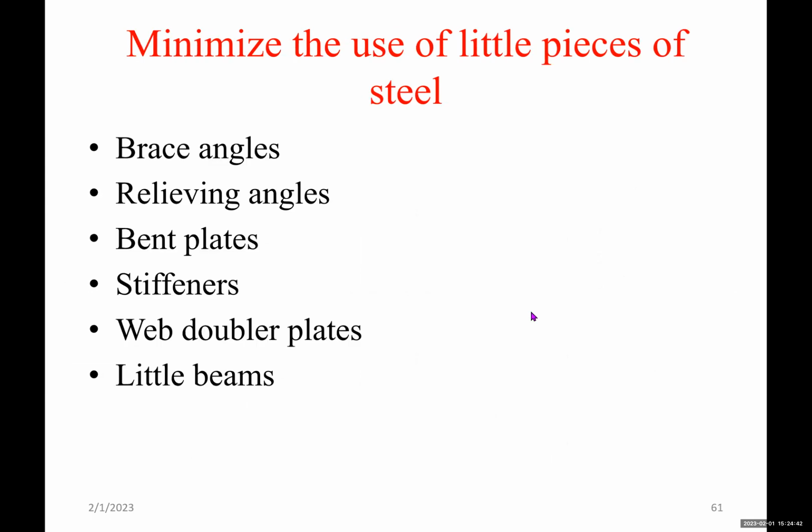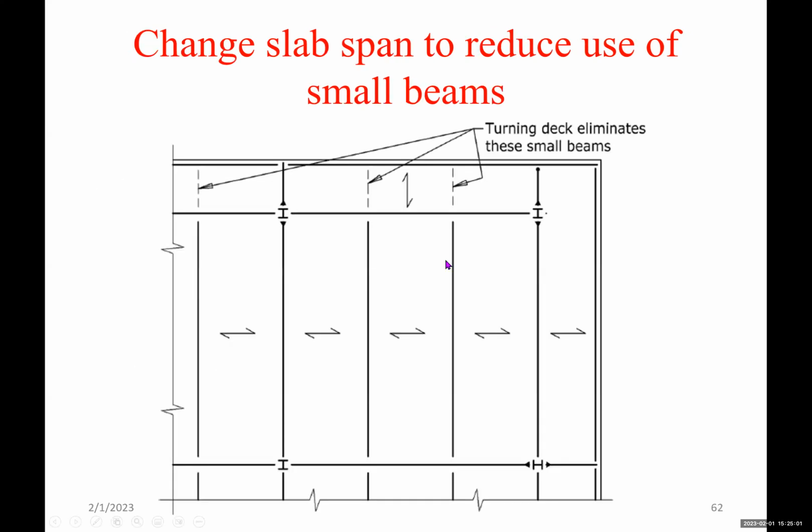Minimize the use of little pieces of steel: brace angles, relieving angles, bent plates, stiffeners, web doubler plates, little beams. Okay, we talked about this. Minimize the use of those. Here we have some examples. For example, instead of using these small beams here, change the orientation of the deck.